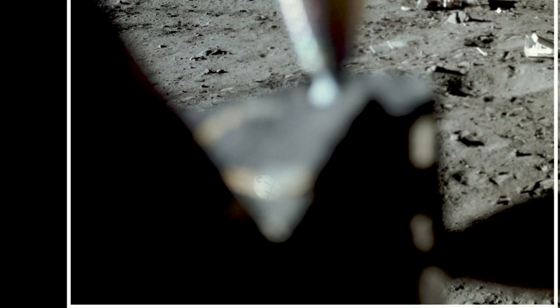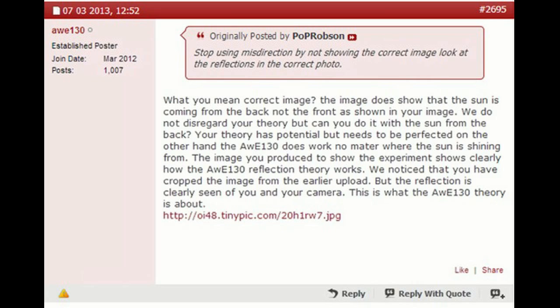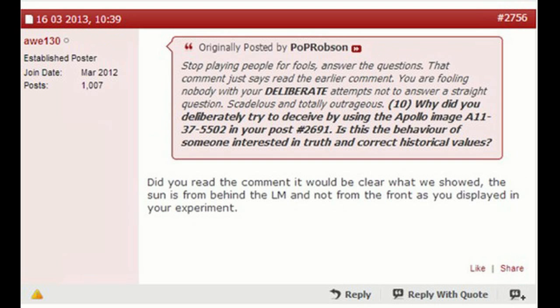Now let's go on to look at the nature of AwE130. He sets himself up as a defender of the truth and true historical values. When debating AwE130 on the Daily Mail, I challenged him to find a flaw in my theory. What did he do?